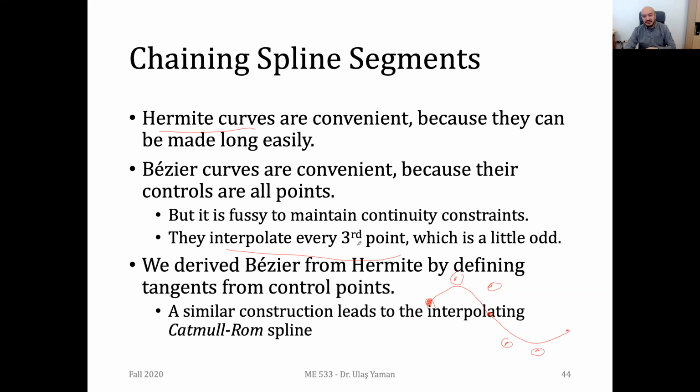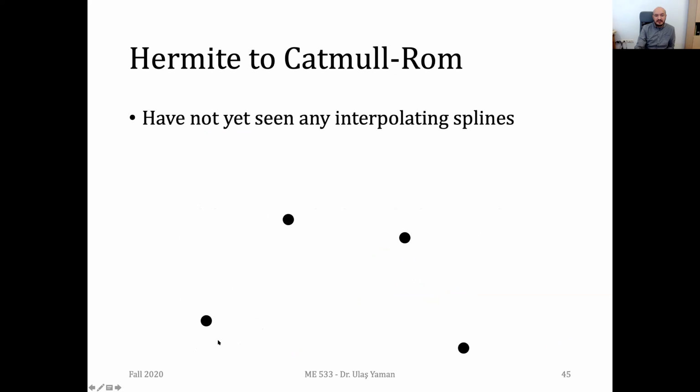But now we will try to find a different type of curve. This is called Catmull-Rom splines, and we will follow a similar approach to the case of Hermite splines. This time we continue from the Bezier curves, use the approach we utilized in Hermite curves, and obtain a new type of curve.